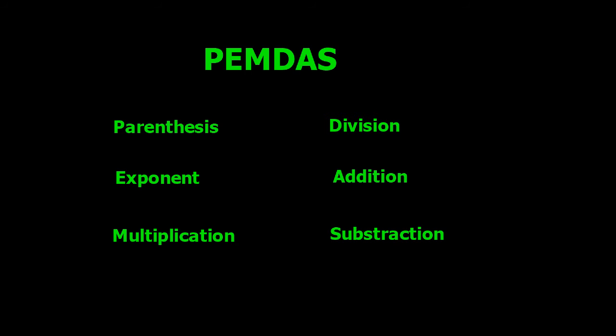Let's talk about parentheses first. It's basically first bracket, second bracket, and then third bracket. What this means is if there's an equation like 2 plus 5 times 2 minus 7, the way we would solve this is we do this first, which is 2 plus 5. 2 plus 5 is 7.